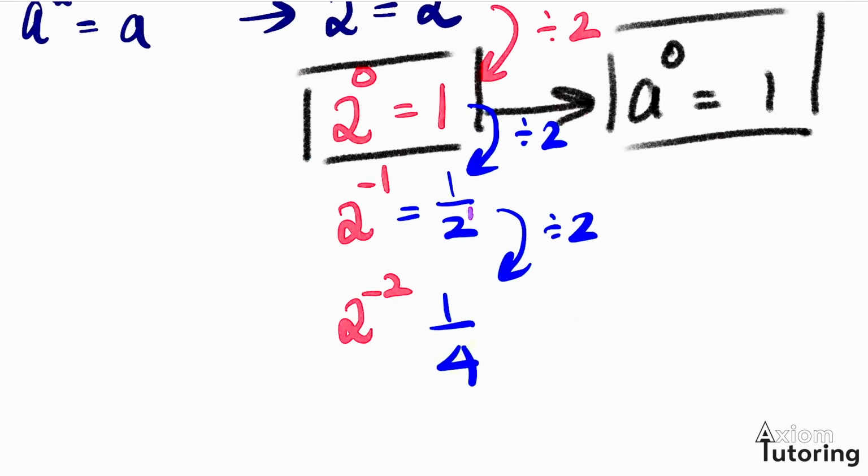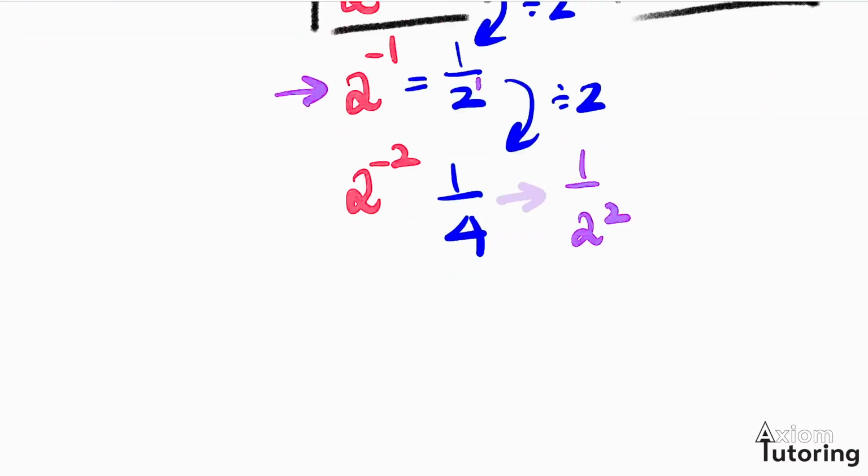And 4 can be rewritten as 2 squared. So 2 to the negative 2 is 1 over 2 to the positive 2. 2 to the negative 1 is 1 over 2 to the positive 1.